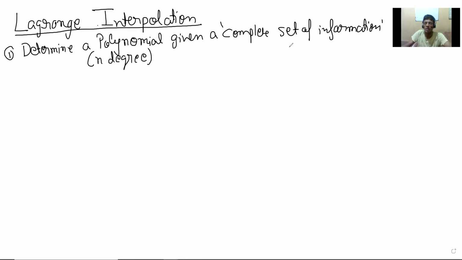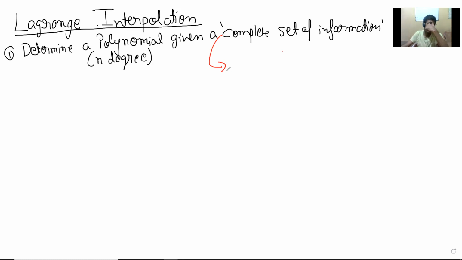I'm asking if you can expand on this complete set of information. At n points? You should need values at n plus 1 points. Is that right? Yeah, let's just say n plus 1 points.